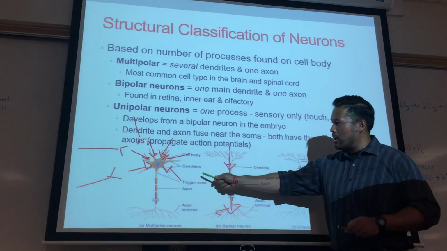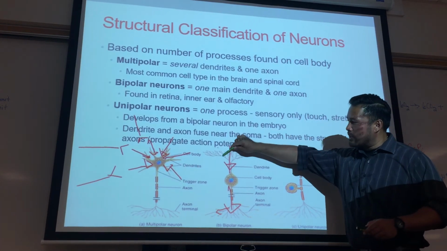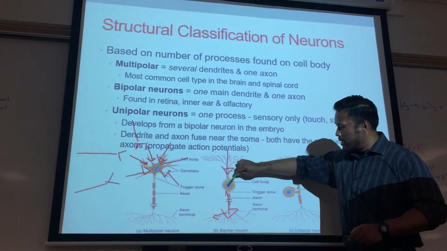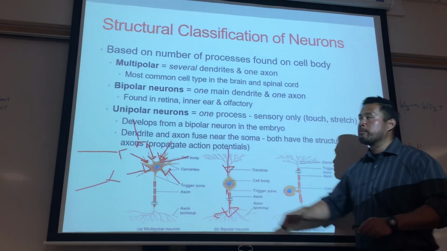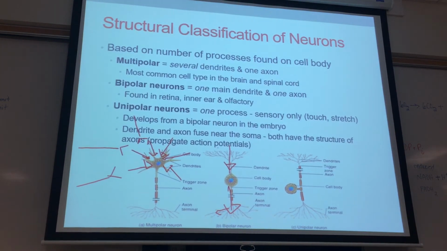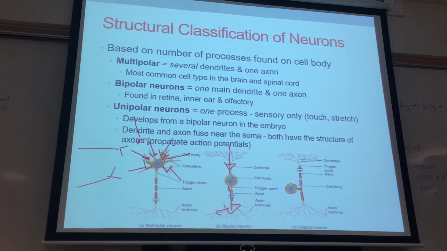So here where you saw dendrites as projections from the cell body, here you can see the dendrites converge all together into one dendrite stem, into the cell body, and come right back down the axon. And typically you would find these in our specialized sensory organs, our retina in the eyes, inner ear for balance, and olfactory.